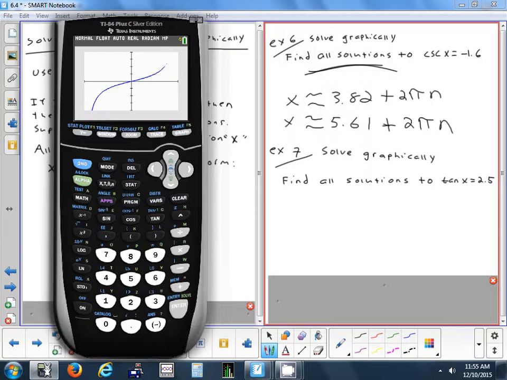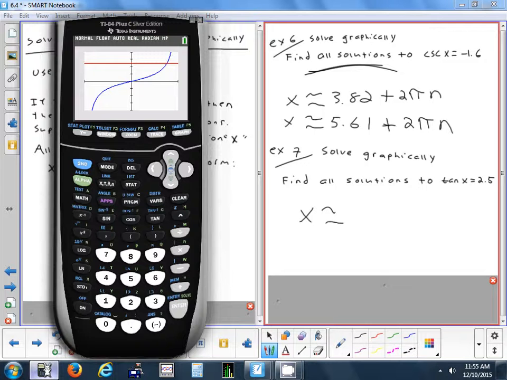Either way, it's going to give you one period nicely now. And it doesn't matter which period you find an answer to. Whether you find this one, or the one before it, or the one after it, as long as you put plus whatever you should on the end, that's going to cover all the solutions.